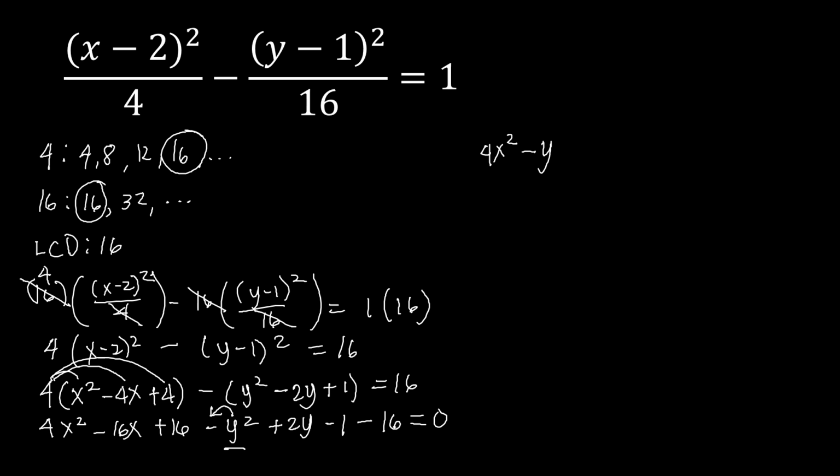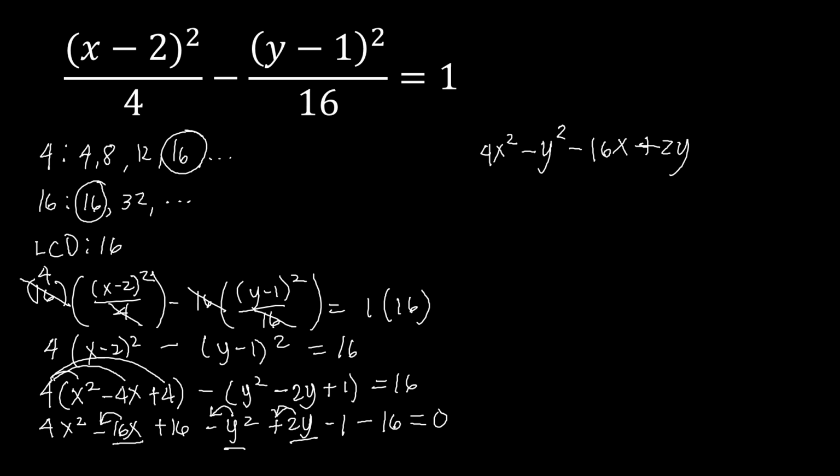So the next one is minus y squared. Next one, followed by x. So we have 16x here. Before that one, there's a minus, so we have minus 16x, followed by y. We have 2y here. Before that one is a plus, so we have plus 2y.